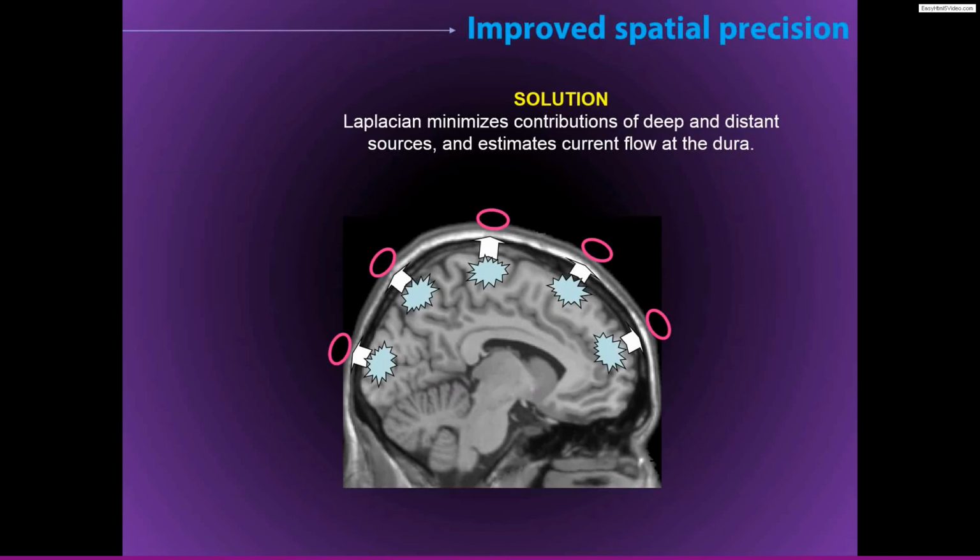Okay, so the idea of the surface Laplacian is that by filtering out a lot of the low spatial frequency components, you are highlighting more the local features in the data. This is just an illustration, but the idea is that each electrode is measuring more selectively a smaller region of the cortex that's directly underneath that electrode.